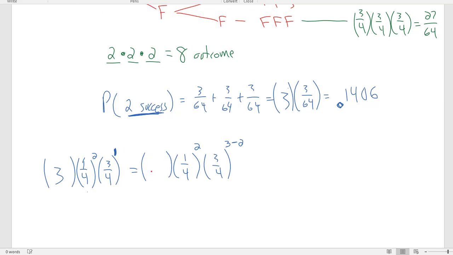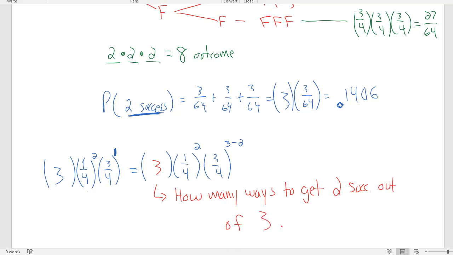This number is how many ways to get 2 successes out of 3 trials, the 3 questions we answered. So for this particular problem, those are the ways we connect those numbers together.